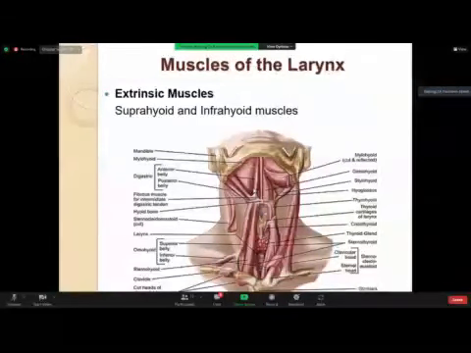And we also have these infrahyoid muscles. Infrahyoid muscles are basically the sternohyoid.